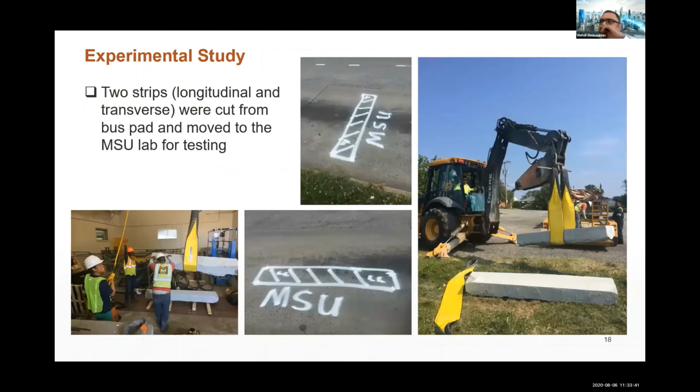Okay, so for this, we basically try to identify a couple of bus pads and try to cut two specimens with almost similar dimensions in the longitudinal and transverse axis, from a bus pad in Baltimore City.